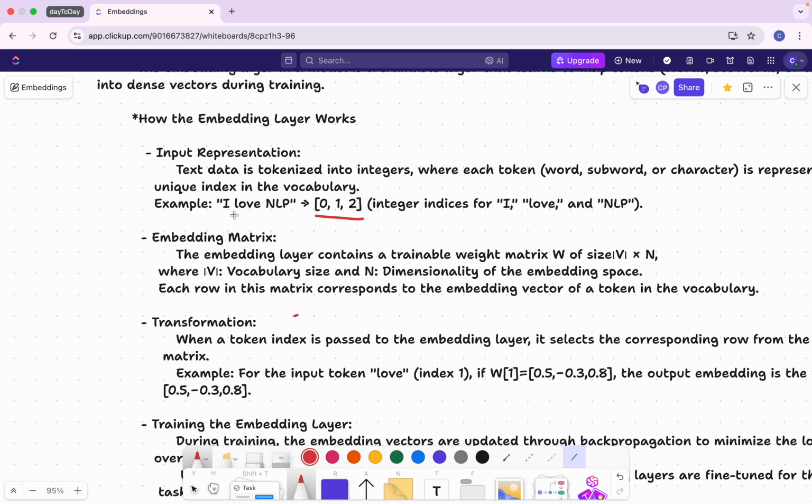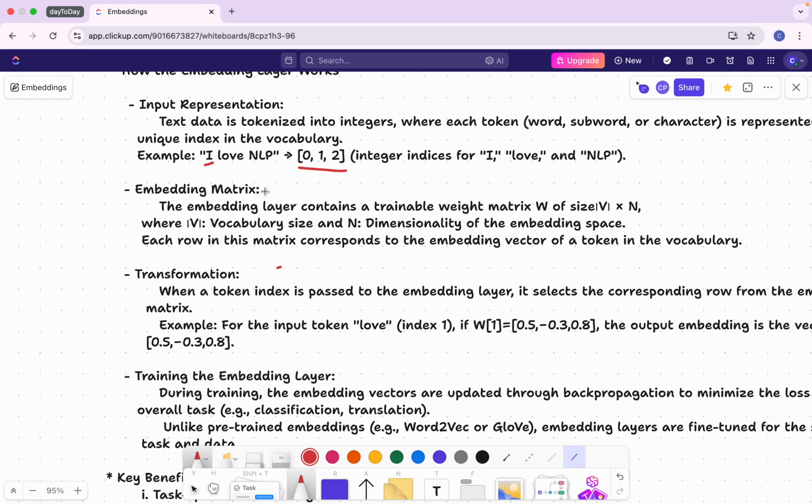For example, if I have the sentence "I love NLP", it will be converted into a vector which contains only the integer IDs for each word or token. So here "I" has ID 0, "love" has ID 1 and "NLP" has ID 2. Now there will be an embedding matrix of size vocabulary cross n. This is the vocabulary size and this is n. N is nothing but your embedding size.